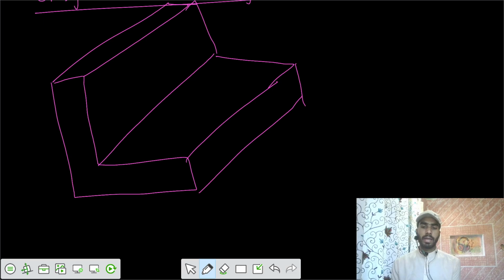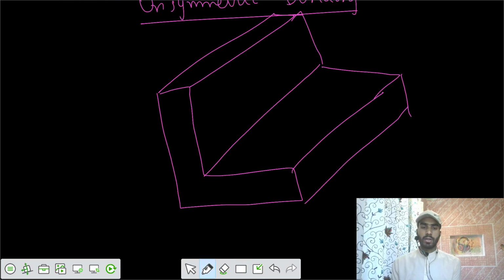Now let's say this is the section also. This is the z direction, this is the x direction, and this is the y direction. So you are applying moment in the z direction. So this is moment M.